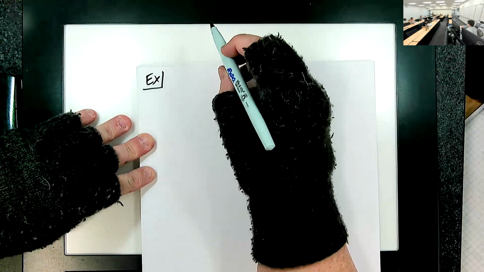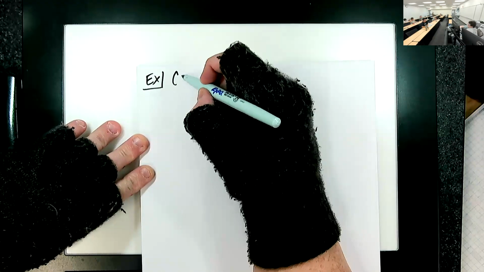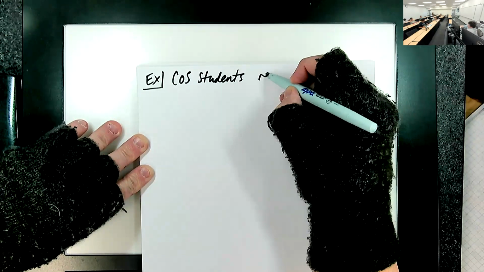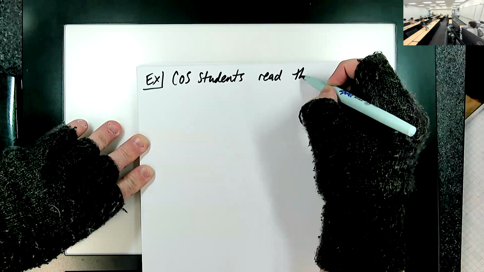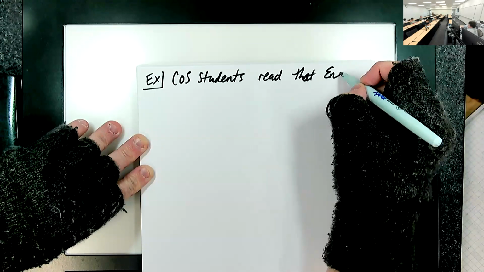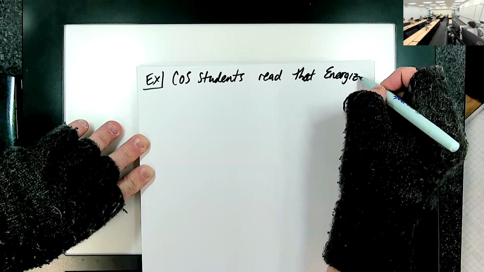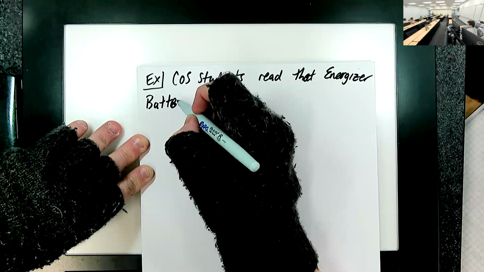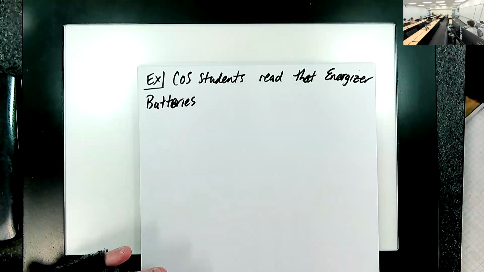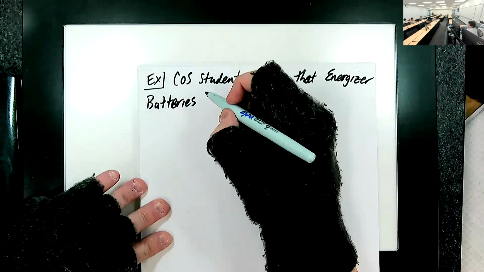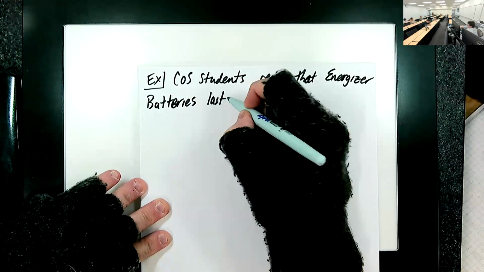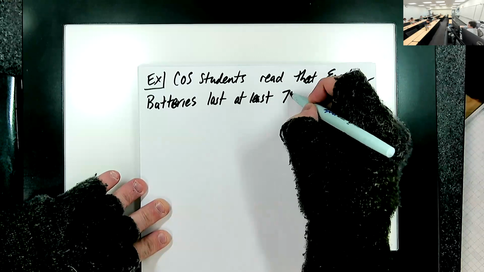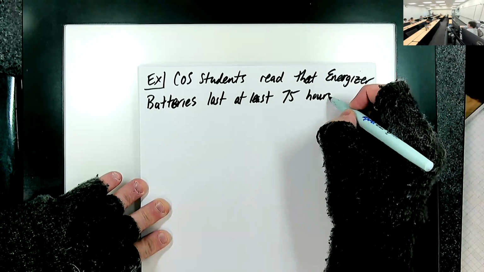Alright, so some COS students read that Energizer batteries, not bunnies, batteries, last at least 75 hours in an LED flashlight.